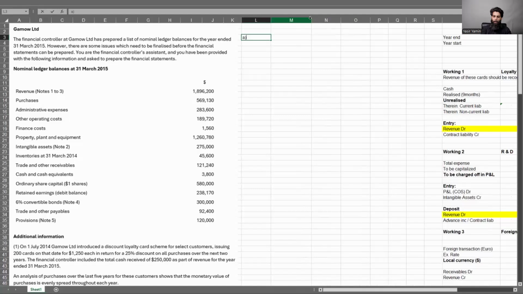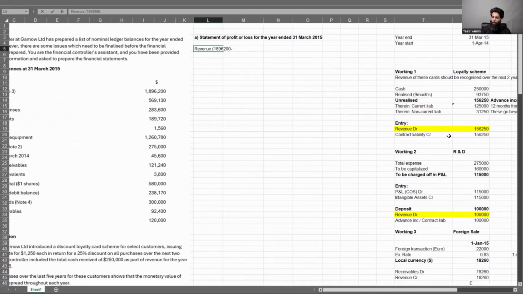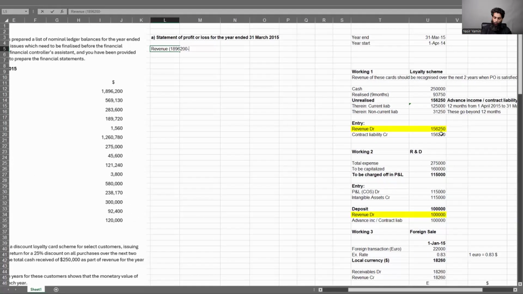We are going to prepare a statement of profit or loss for the year ended 31st March 2015. Let's start with revenue, guys. Revenue, we already had 1,896,200 mentioned. Remember, we had to reverse some amount of revenue, 156,250 from the first working.